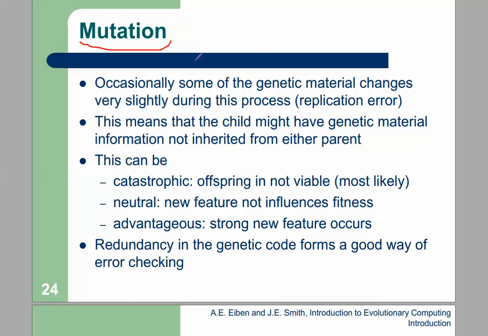For example, both mother and father have brown eyes, but the child has blue eyes. It is a mutation. Mutation has a very low probability compared to crossover.